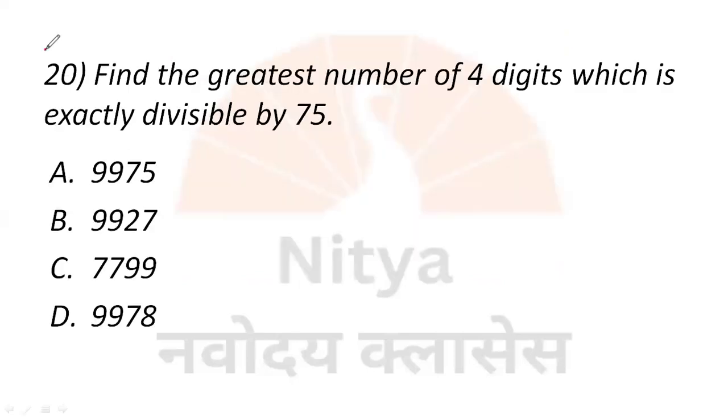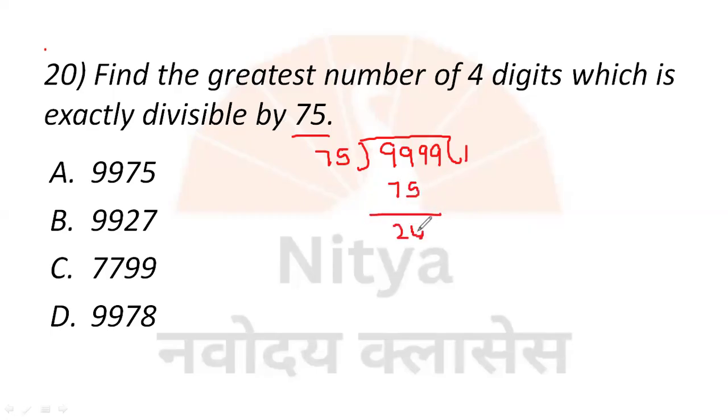Next question 20. Find the greatest number of 4 digits which is exactly divisible by 75. So the greatest number of 4 digits is 9999. So exactly divisible by 75, so you have to divide. 75 ones are 75. 99 minus 75 is 24.